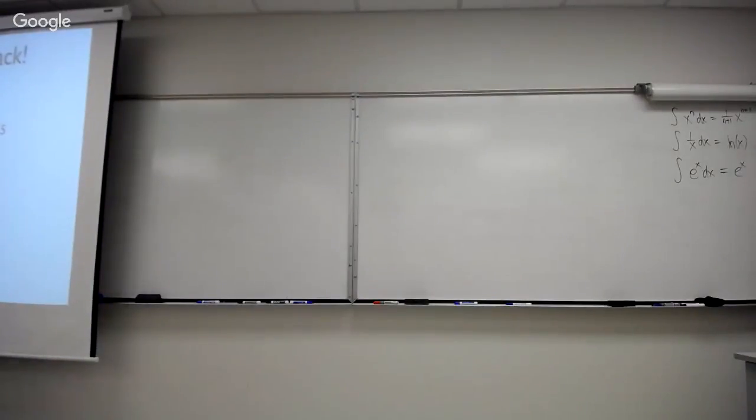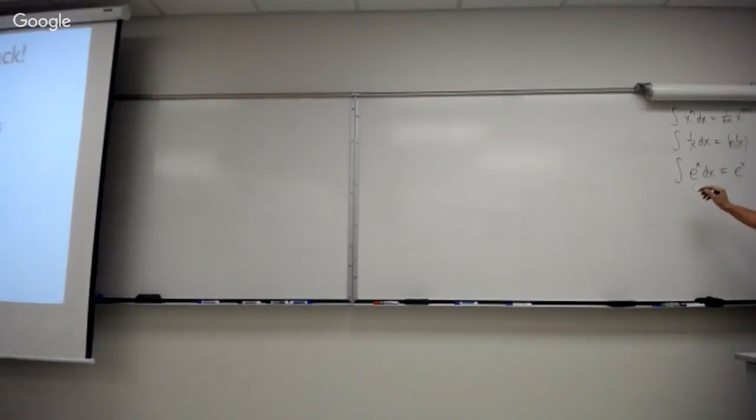All right, there's 2 more that we know. Both of them we learned last time. Is it the other e one? Yeah. So the integral of e to the nx dx is 1 over n e to the nx.